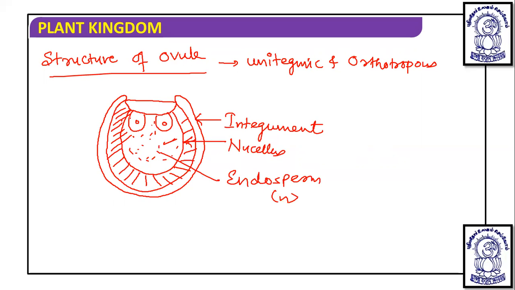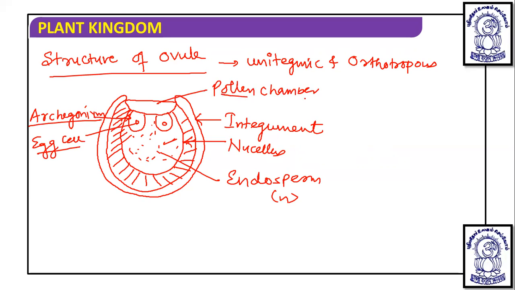These are the two archegonia, and within an archegonium there is an egg cell, and this is the pollen chamber where the pollen grain directly lands.